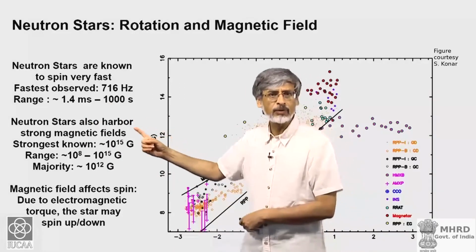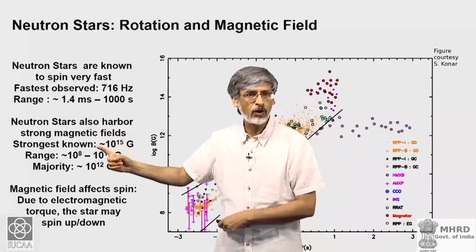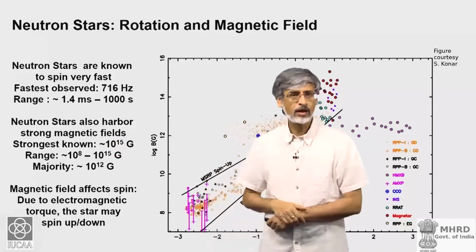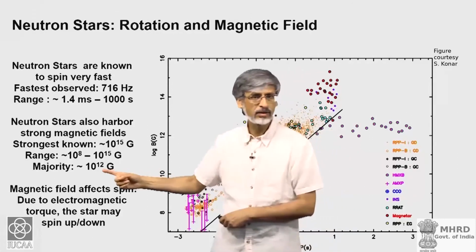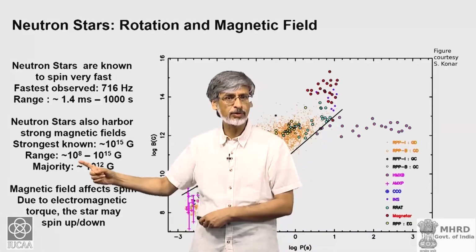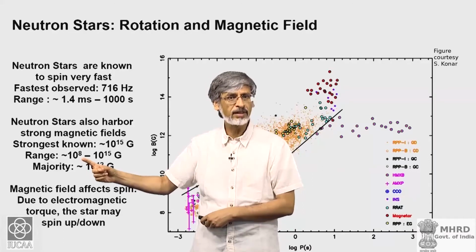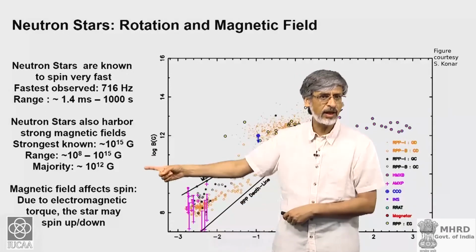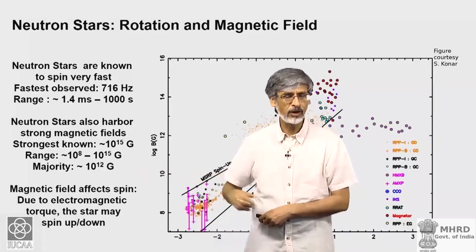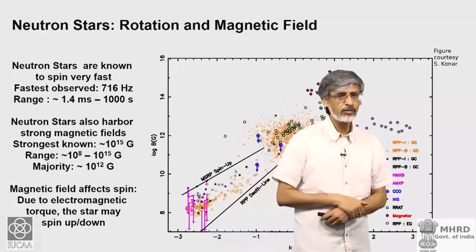Neutron stars also harbor very strong magnetic fields. The strongest known magnetic fields are about 10^15 Gauss, and the range that one has observed so far lies between 10^8 Gauss to 10^15 Gauss, with the majority of neutron stars lying around about 10^12 Gauss. So, these are extremely strong fields indeed.